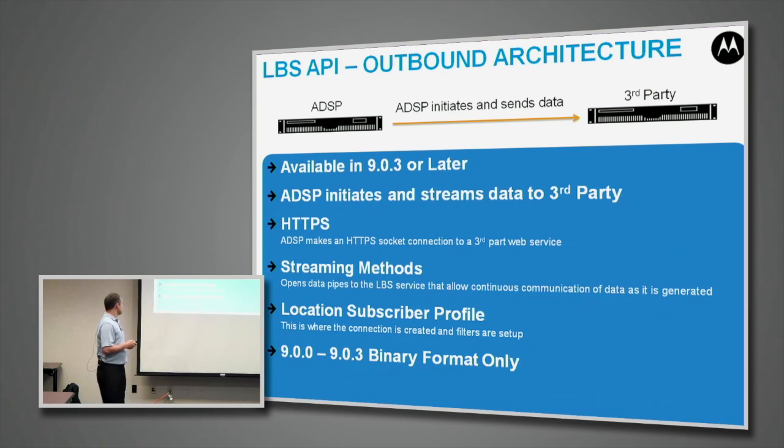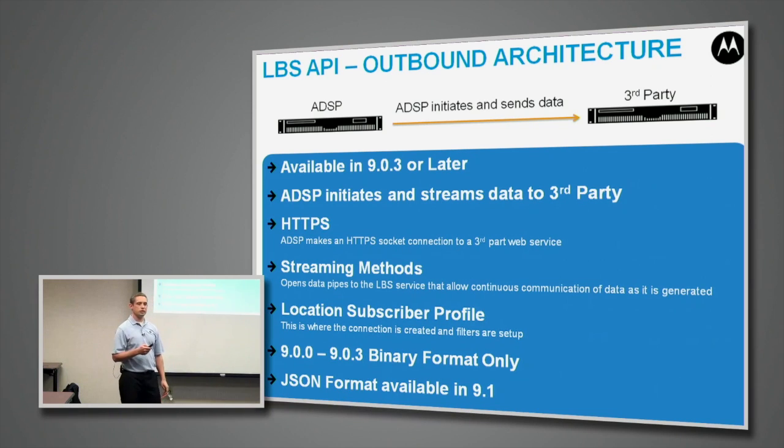But in 9.1, we implemented JSON format to make integration easier for developers, and you can now pick which format you want. For protocol buffers, we also provide the proto file so developers can know the definitions.